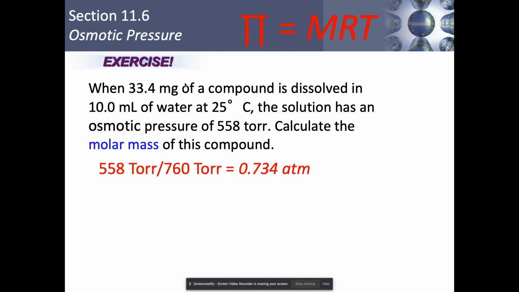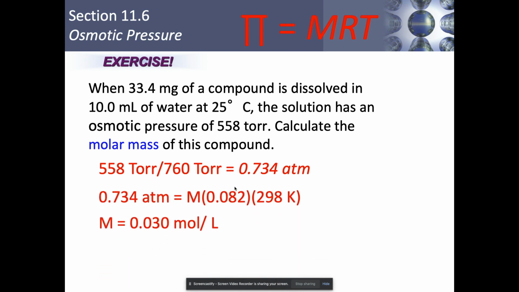The first thing we need is to get our pressure in a unit that is going to make sense for our equation. So I need to convert from torr to atmospheres by dividing by 760. Now I have atmospheres equals M, my molarity, which I don't know, times our gas law constant, and then T, where yes, I converted 25 degrees Celsius to Kelvin.